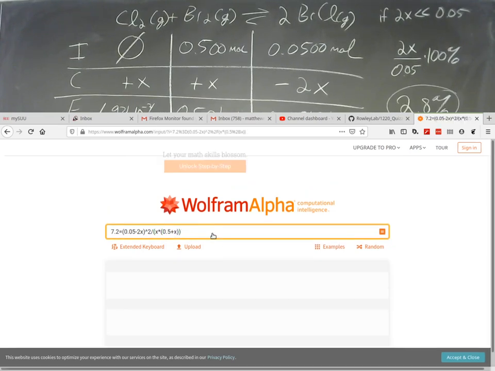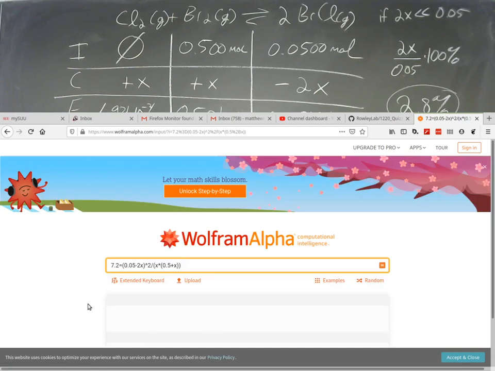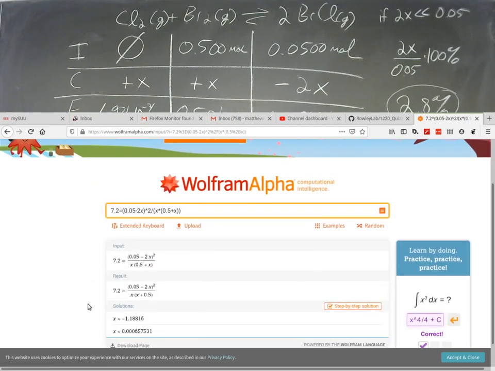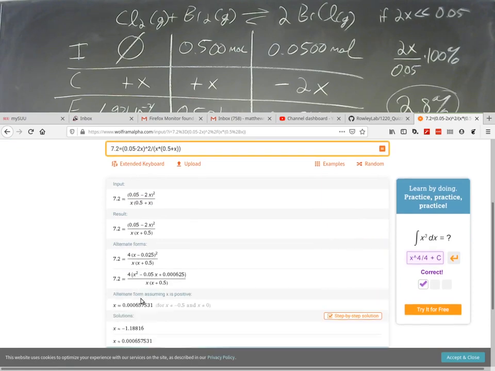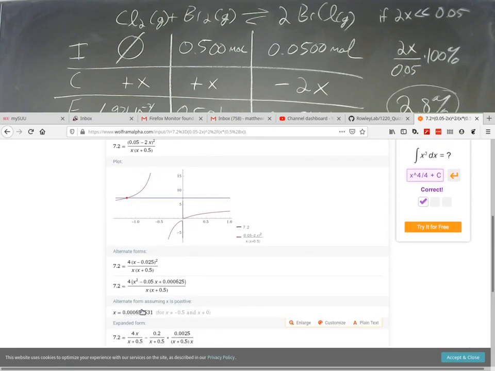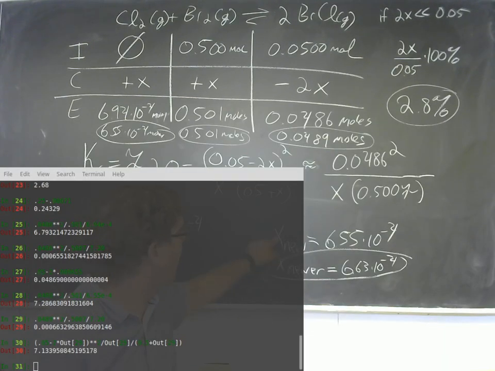That'll solve the quadratic formula for me. Let's see what it tells me for the value of x. Looks like x is 6.57 or 6.58 times 10 to the negative fourth. And so almost right perfectly in between our x new and our x newer values.